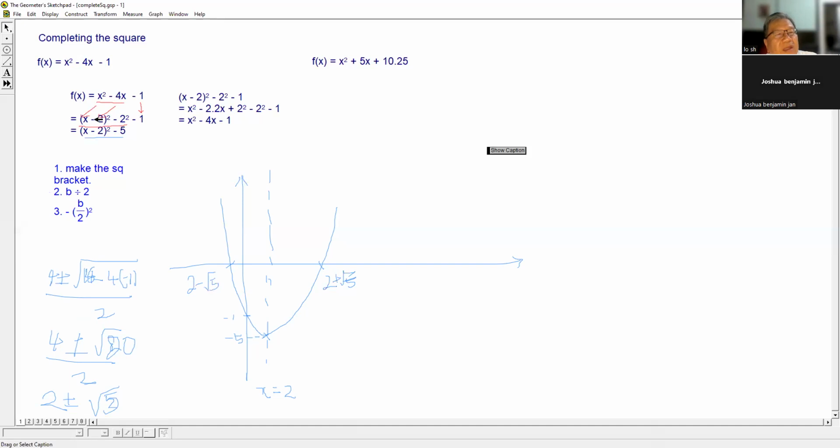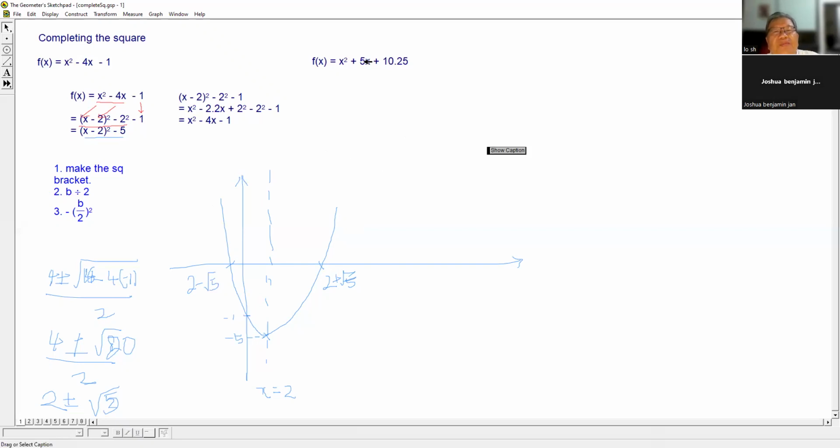Divide by 2, -2. Then you have to minus this number, -2, so you take this number and square it. So you minus the number square. So -2 square. This number you copy down. So that is how you complete the square. After completing the square, you can draw.